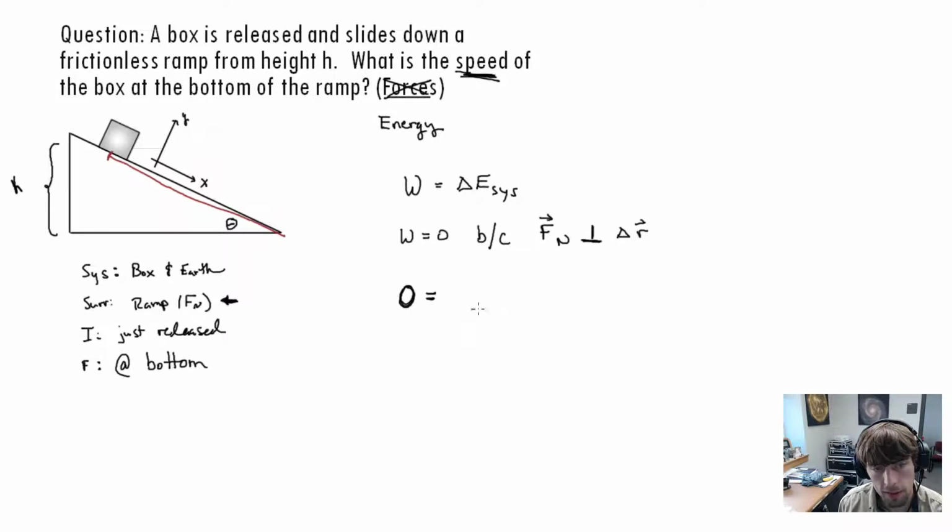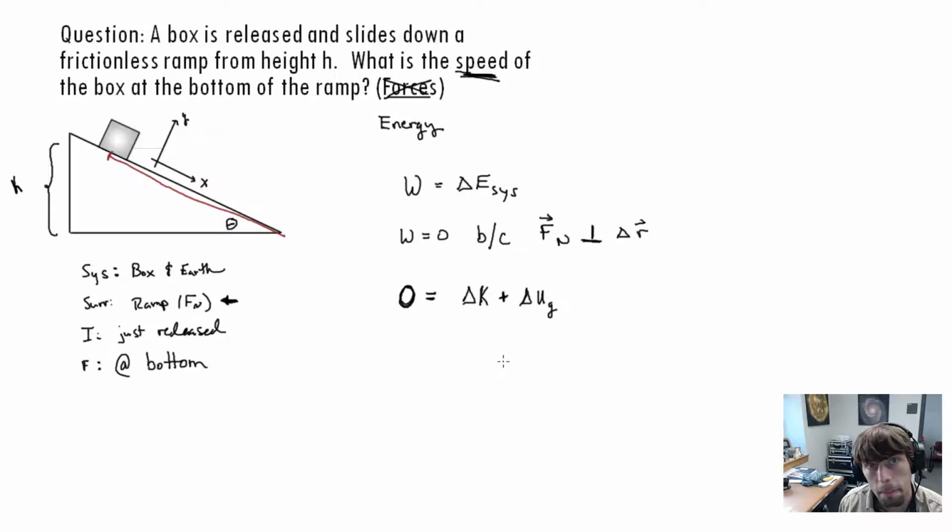Now over here on the right side, I need to think about what forms of energy my system has. Well, the box is moving, so I have some kinetic energy. And in addition to that, my box is located above the ground. There's a change in height associated with that, and the height is the observable for the gravitational potential energy.